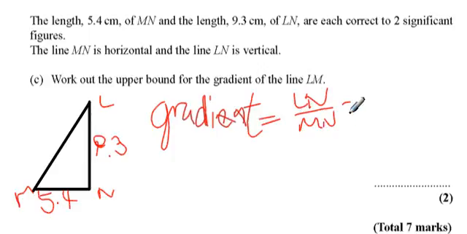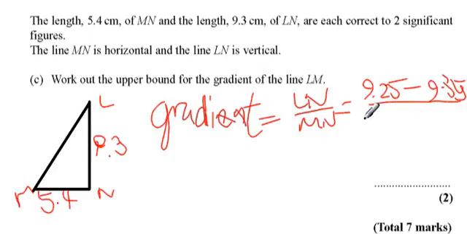Now, LN could be anywhere between 9.25 and 9.35. And MN could be anywhere between 5.35 and 5.45.